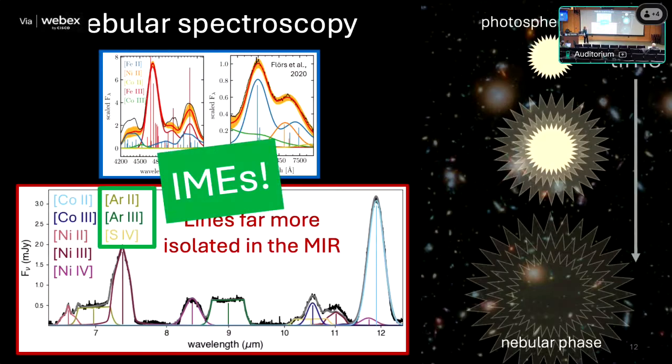But the most important, I think, is that it gives us access to intermediate mass elements like argon, sulfur, calcium. And the intermediate mass elements are important because those are lower mass. They were nucleosynthesized at lower densities. So depending on where they're distributed in your ejecta, it can really distinguish between explosion mechanisms.